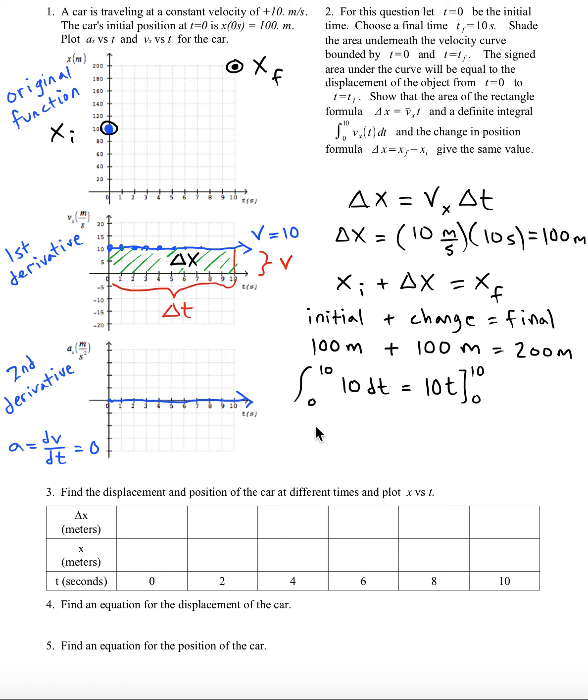And so that's going to give us 10 times 10 minus 10 times 0, which is again 100 meters. So both the algebra approach and the calculus approach both worked here.